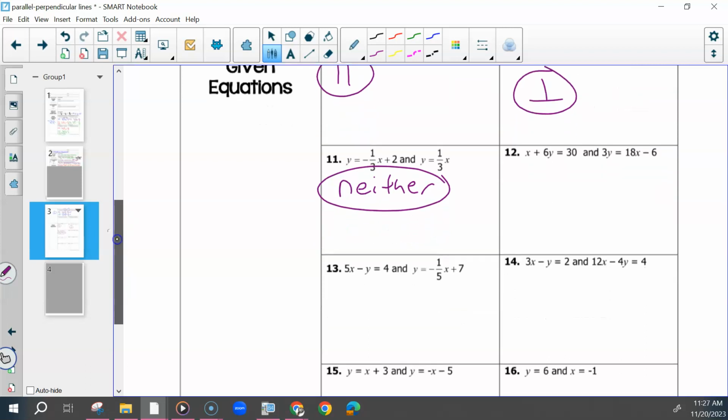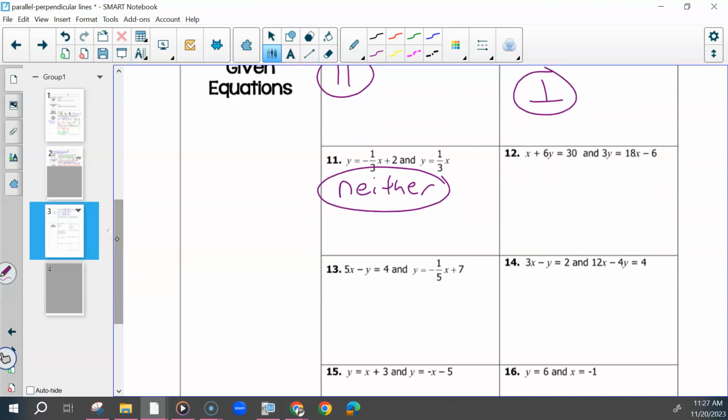Right. Then there are some that you need to solve to figure out. So how would I solve this, get this back in y equals mx plus b? Have x on both sides. And divide by 6 to everything. y equals negative 1/6x plus 5.